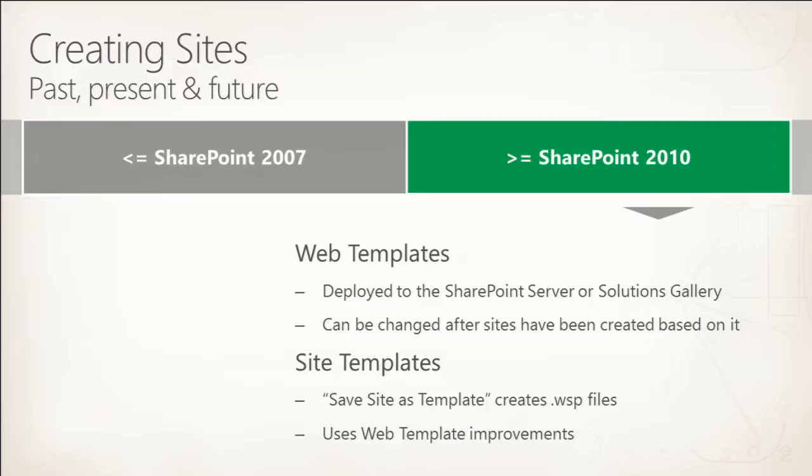We can still use the save site as template link in the user interface. But now it no longer creates .stp files. It creates WSP files for us, which means that that as well is a lot more flexible. And it uses the web template improvement. So the only reason why a save site as template can now create WSP files is because of the improvements that were made in the SharePoint object model that allow us to create web templates.